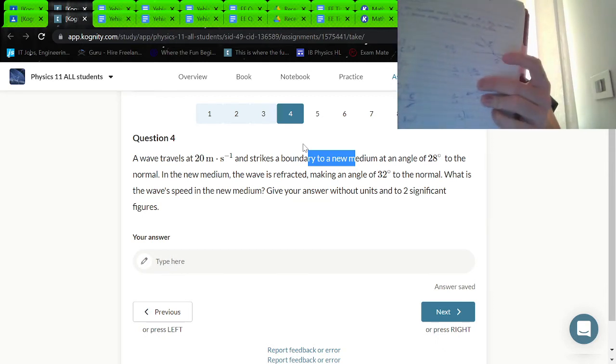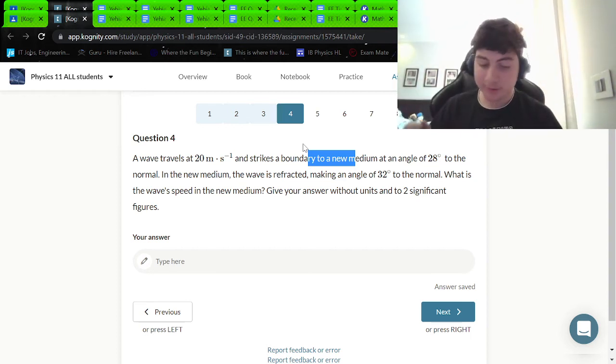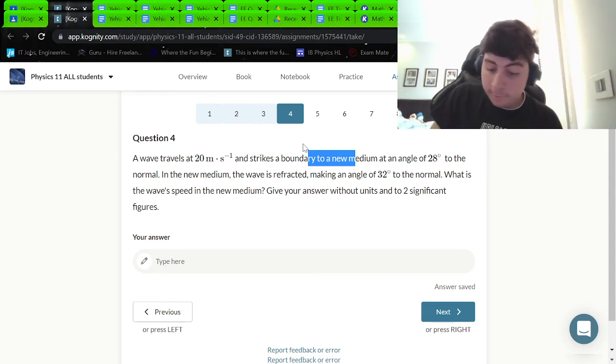Boom. And then you use Snell's law, which is, we're not going to use the refractive index, right? Because it's n1 over n2 is equal to sine theta 2 over sine theta 1 is equal to v2 over v1. We're going to ignore the n1 over n2. We're going to use v2 over v1 equals sine theta 2 over sine theta 1. Why?